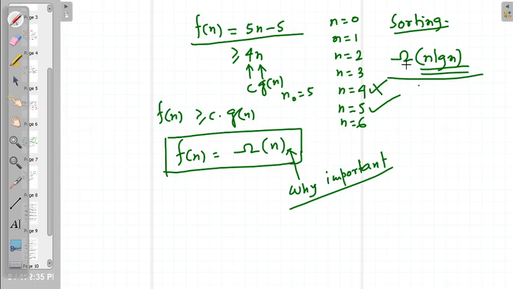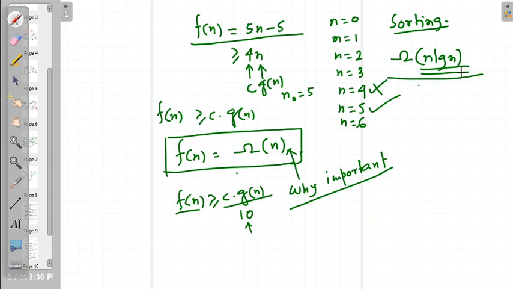So it is a very convenient notation for saying some kind of lower bound. So this f(n) greater than or equal to c g(n), mind you here. If c g(n), say I am taking 10, that means f(n) is 10 or more. That means that is the lower bound. So for the sorting algorithm, the lower bound is n log n, right?